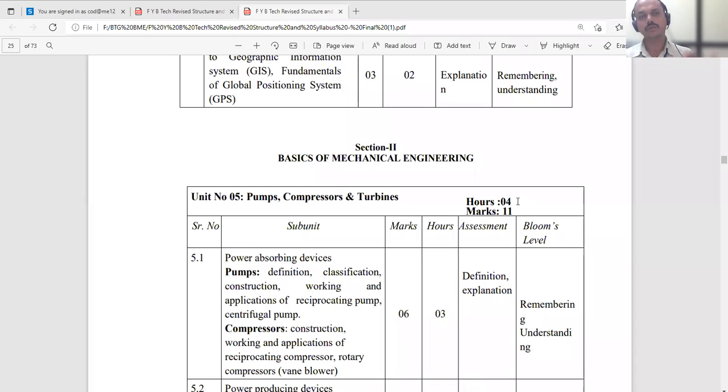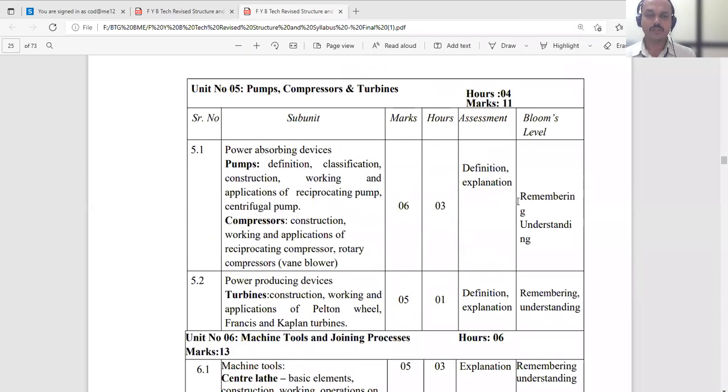In that pump, we are going to study the construction, working, and application of the centrifugal pump and the reciprocating pump. These 2 devices are there. Then in compressor, again there are 2 compressors included in our syllabus: reciprocating compressor and the rotary compressor. So these 2 are the power absorbing devices.